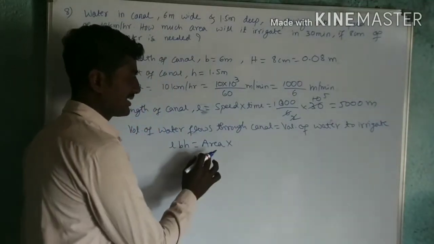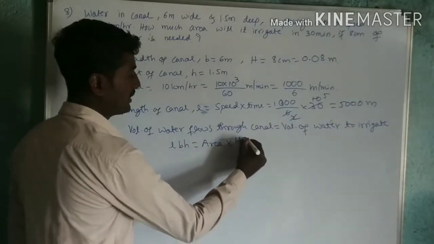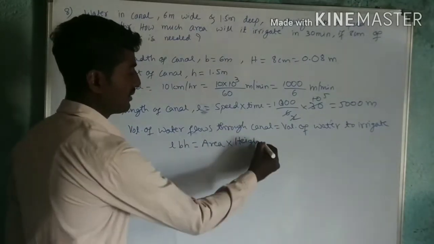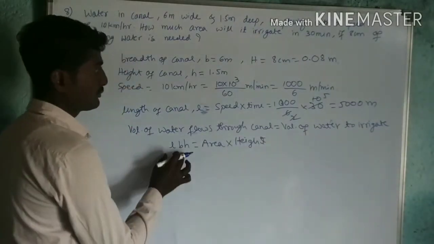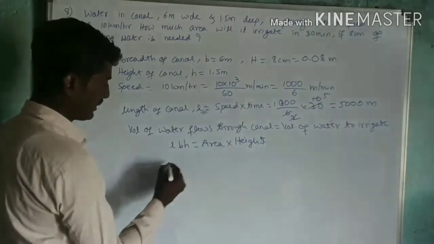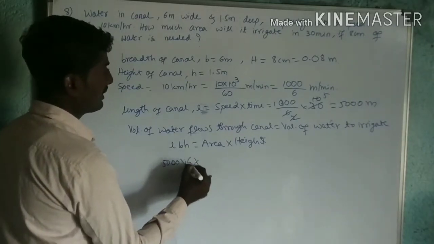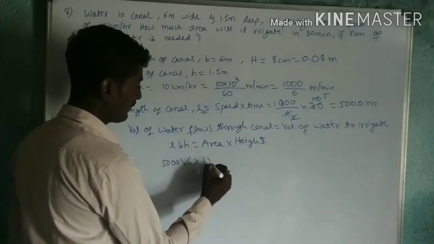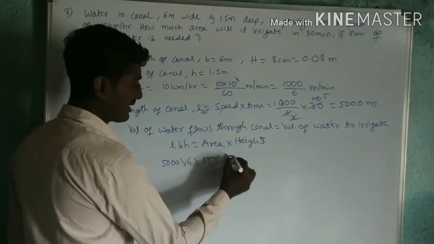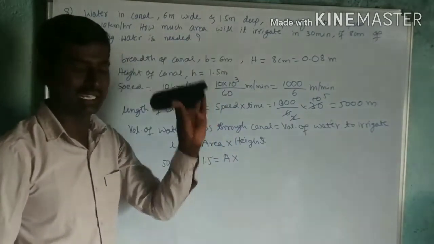Now area of cross section into height, that is H. Now substitute LBH. The L value is 5000. B, the breadth, is 6. Small h is 1.5. Now area of cross section I will take as A, that we are going to find: how much area will it irrigate.